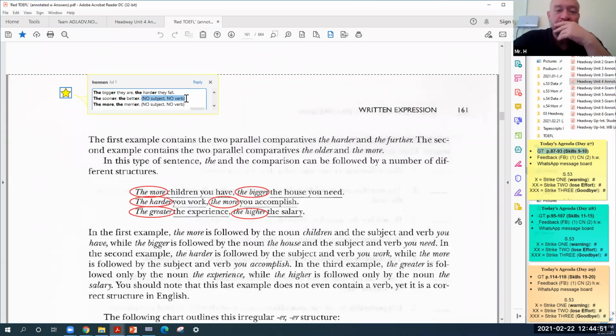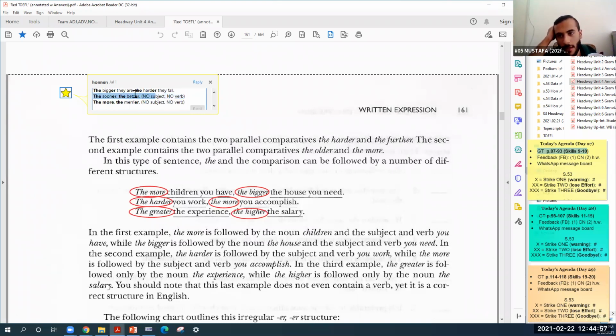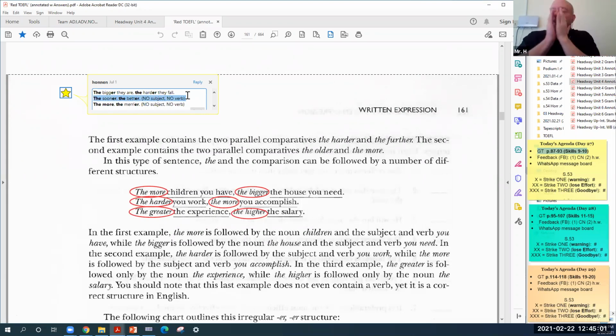Yes, Mustafa. What does this sentence mean? The sooner is the better, like this. Maybe you're expecting some bad news.